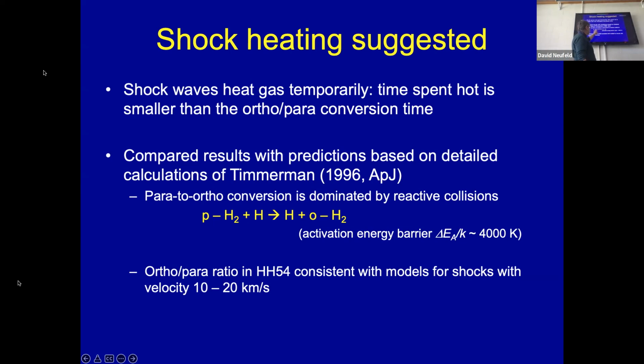And this reaction and the reverse reaction, if they go long enough, will ensure that ortho and para H2 are in thermal equilibrium at the appropriate value of 3. This was consistent with our model for, in fact, a C-type shock.